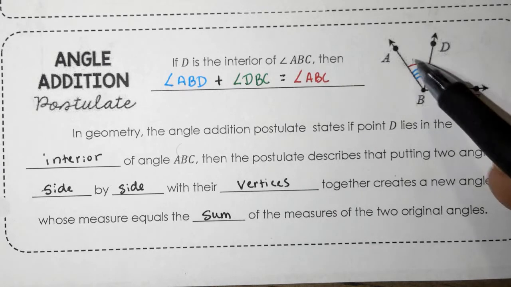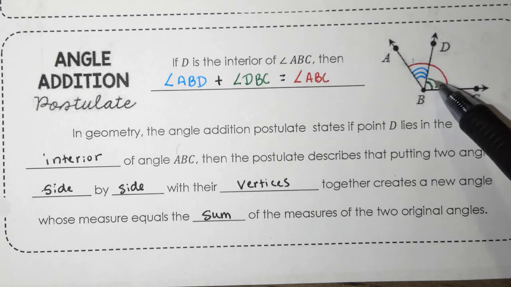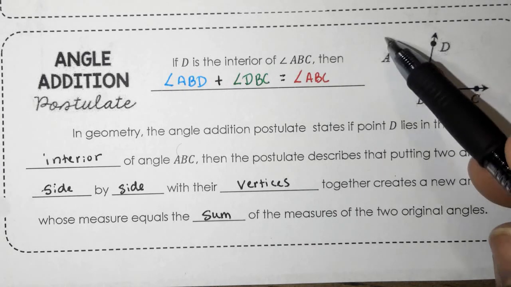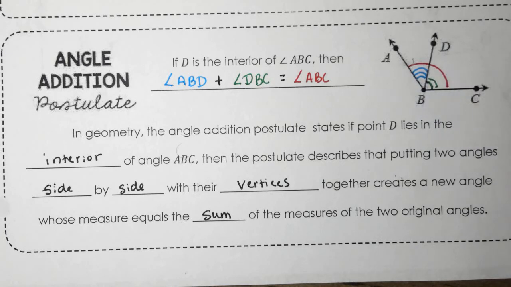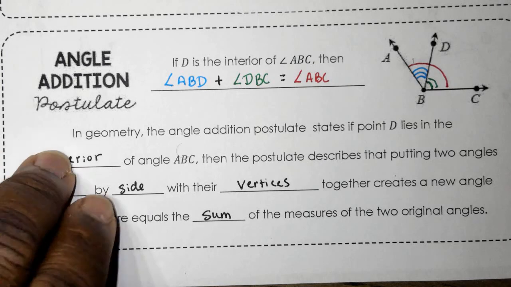That's saying putting two small angles adjacent to each other creates a bigger angle, which is the sum of both of those small angles together. It's an easy enough concept to understand. Y'all should all get that.